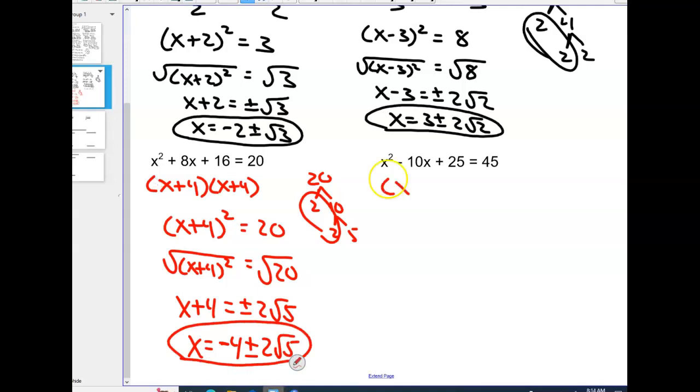Same deal here. This factors to x minus 5 times x minus 5. So this becomes x minus 5 squared. It only works when you have a binomial squared, this method. You have to get a binomial squared. If you don't get a binomial squared, essentially you've got to complete the square. We're going to take the square root of both sides.